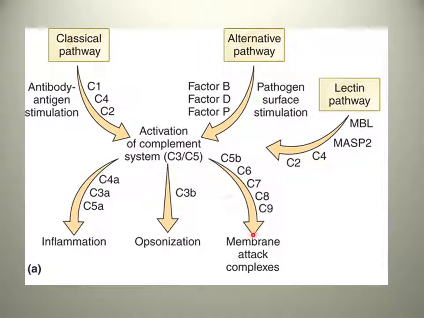We end up with the membrane attack complex as well as the opsonization that's brought about by C3b and the inflammation due to the pieces of C4, C3, and C5.